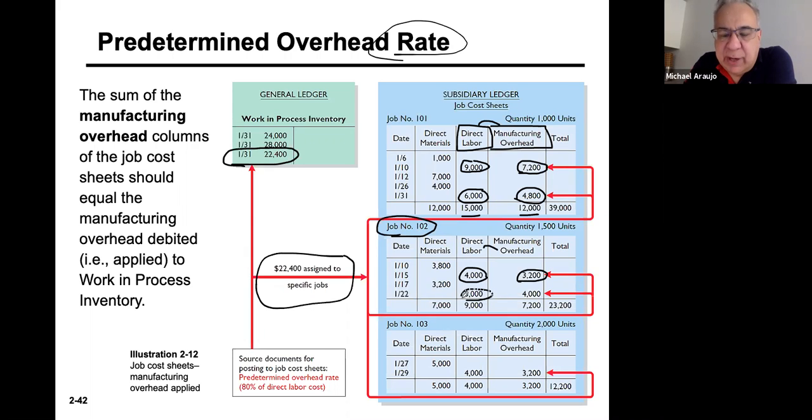Toward the end of the month, we did another $5,000 worth of work on job 102. So we allocated 80% of that, which is $4,000, for manufacturing overhead. Direct labor was $9,000 for job 102. Manufacturing overhead was 80% of that, $7,200.